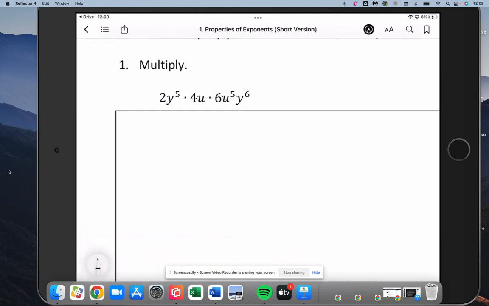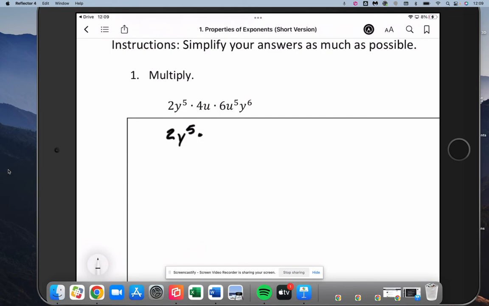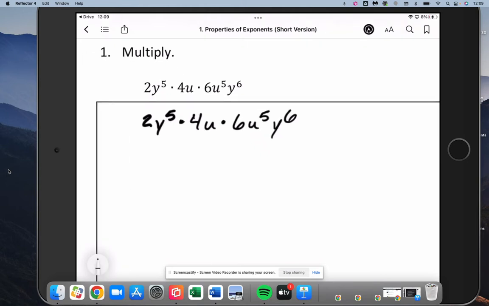In our case, what we're going to need to do is first I'm always going to copy the problem as it is. I'm going to change my thickness here, make it a little bit thinner, times 4u times 6u to the 5th y to the 6th. And what we're going to do is go through and look for parts that are the same.